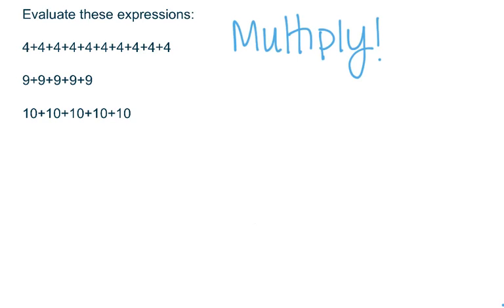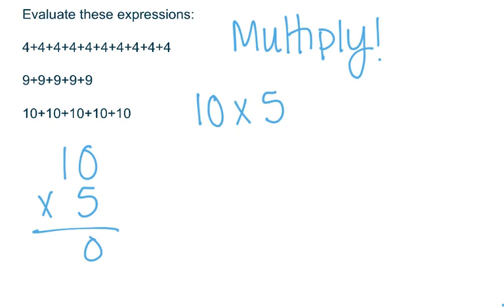So 10 plus 10 plus 10 plus 10 plus 10 can also be written as 10 times 5. And doing 10 times 5 is a lot faster than adding up all those individual numbers, and we still get an answer of 50.